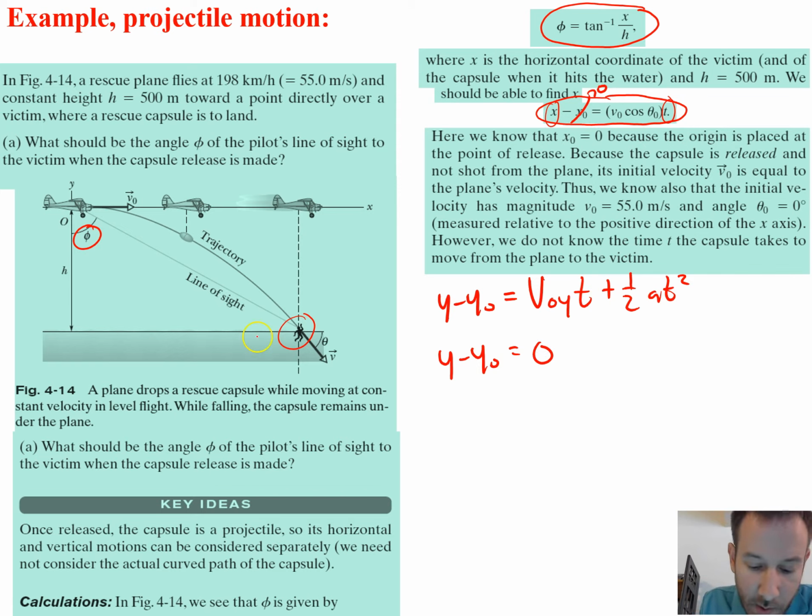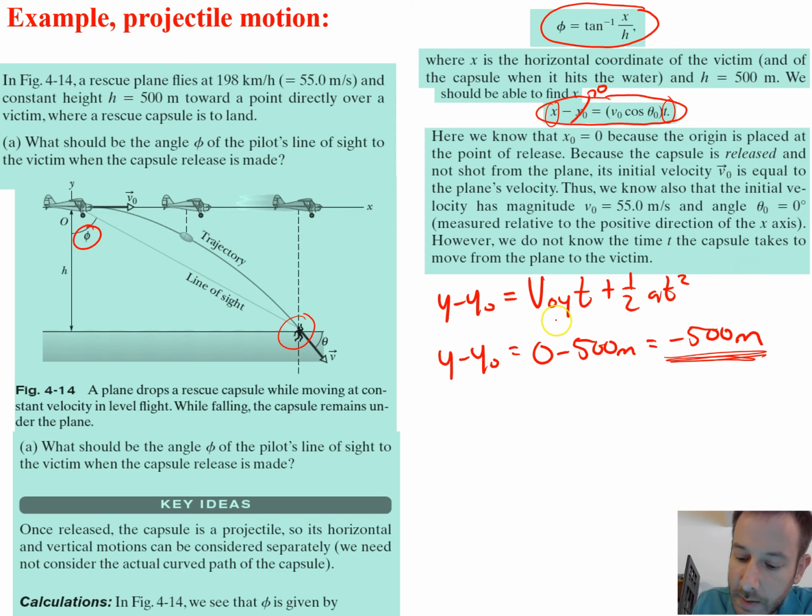The final position in the y direction is going to be here at the origin, so that'll be 0. And our initial position is 500, so it's 0 minus 500 meters, which is equal to negative 500 meters. This is important because this negative sign is going to have an effect on our equation and make everything work out. All right, so go back to this first equation.